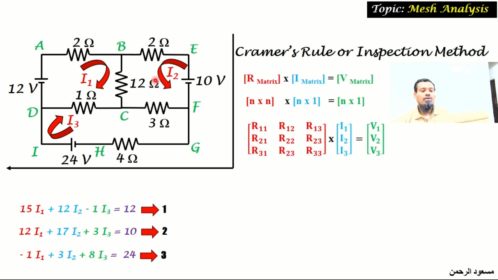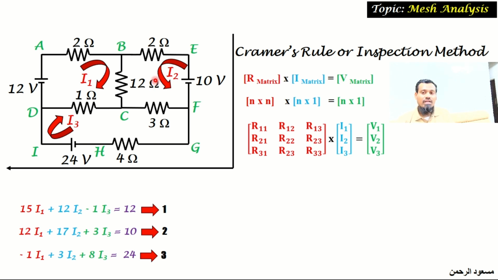And what are the individual elements? So the resistance matrix will have 3 rows and 3 columns for the given network because it is having 3 loops. So we will be having 9 elements in the resistance matrix, R11, R12 up to R33, where these diagonal elements R11, R22, R33 are the summation of the resistances in the respective mesh or in the respective loop.